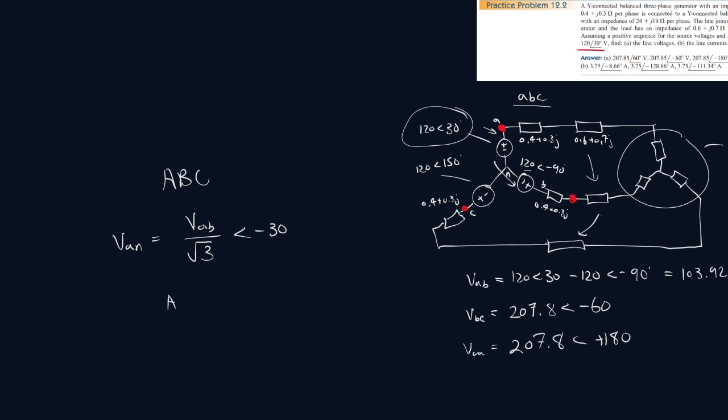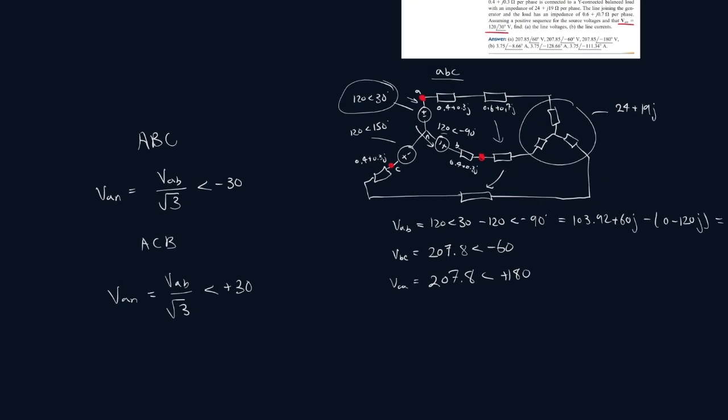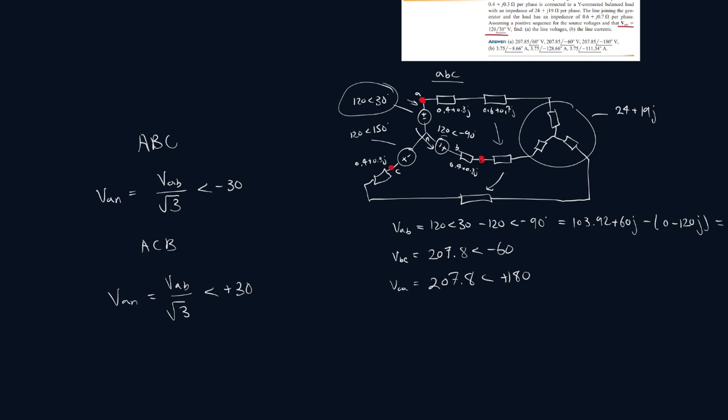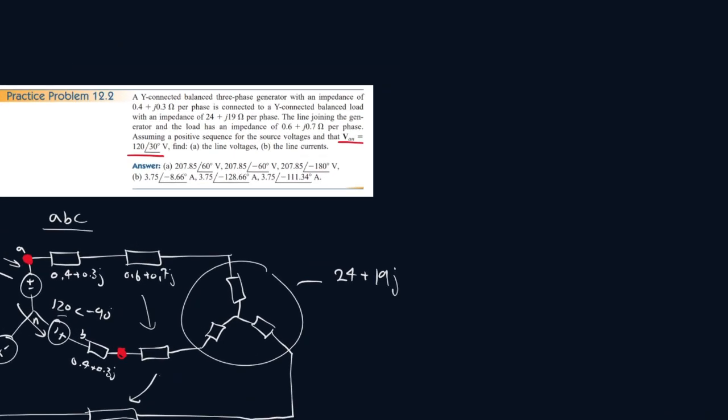And if you have an ACB circuit, it's the same formula, but instead it's positive 30. So since we have VAN, we multiply by root 3, and then add phasor 30 to get these two to cancel out. And you would get this value as well. Anyway, we have the first values done.